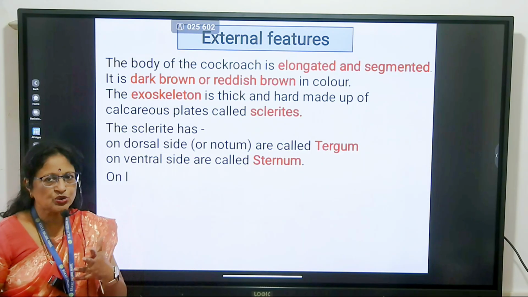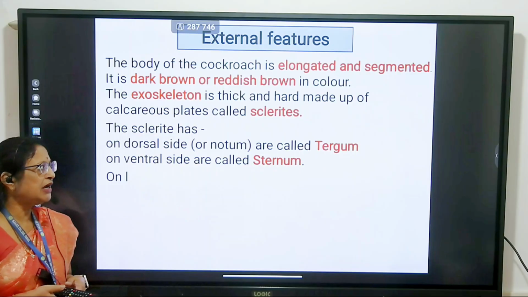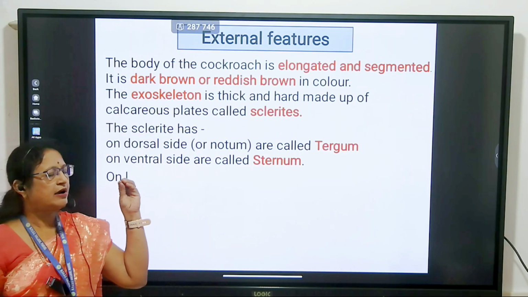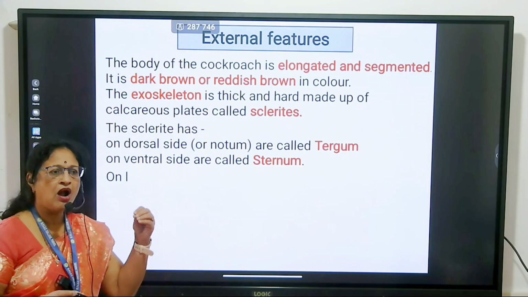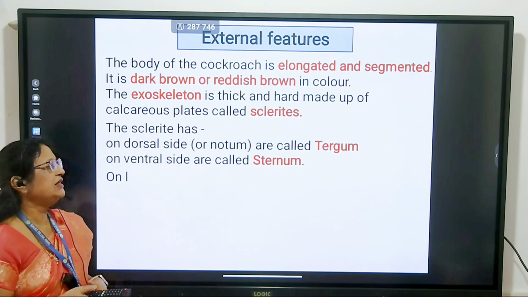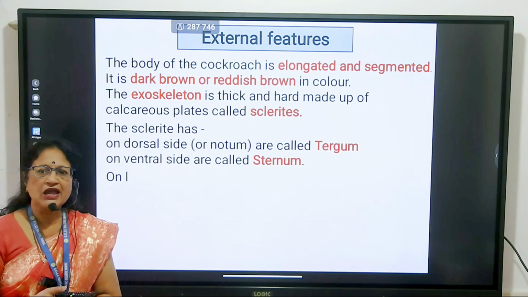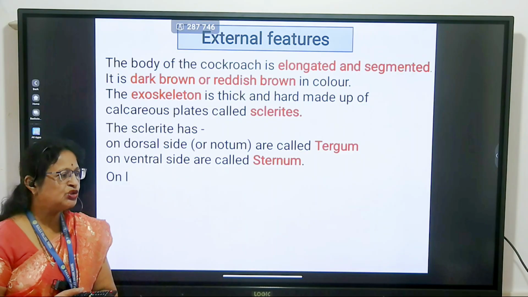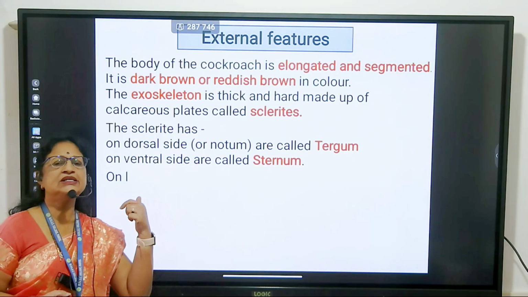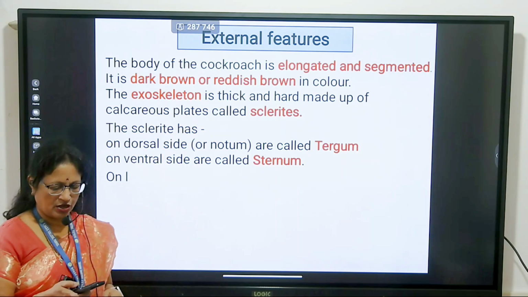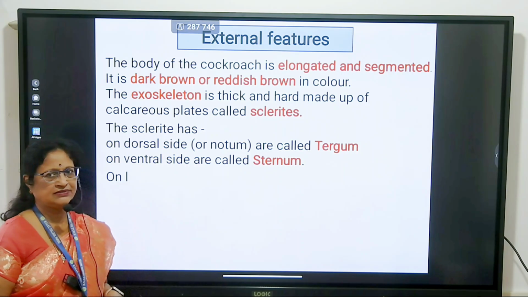The exoskeleton is made up of a thick and hard structure, and this thick and hard exoskeleton is made up of calcareous plates. Actually, there are 6 calcareous plates, and these are called sclerites.